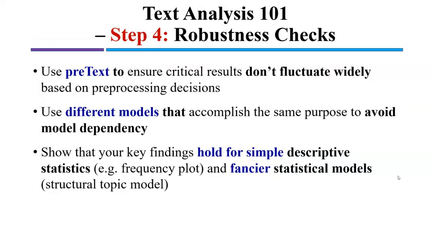Even at the beginning, when we do pre-processing of the data, we should use, for example, the pretext method, so we can see when we apply many different methods whether this pretext score will change, and how sensitive our data is to the method we use to clean it.